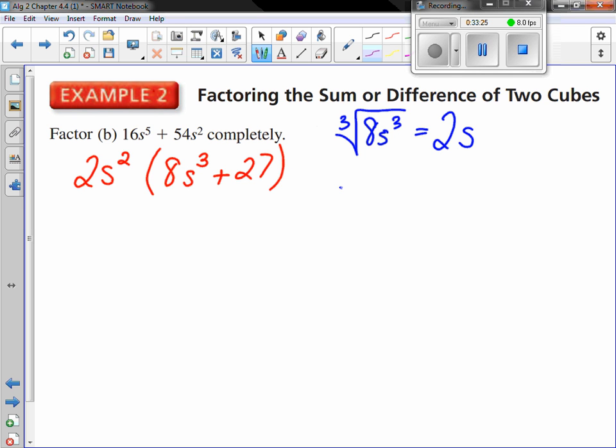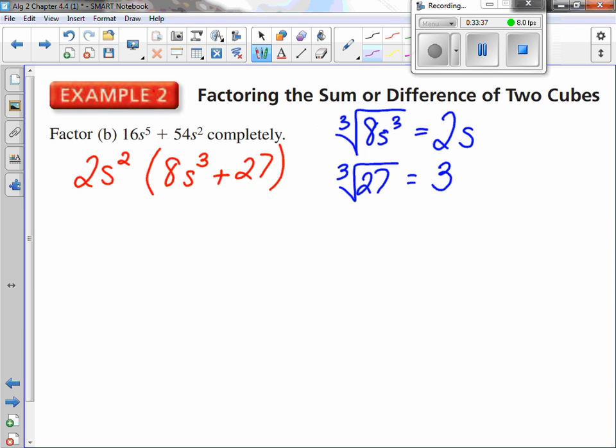Now, the other one we need to look at is the cubed root of 27, which is 3. Because 3 times 3 is 9, and 9 times 3 is 27. So this here is now a sum of perfect cubes, yes? They had a greatest common factor we had to pull out.